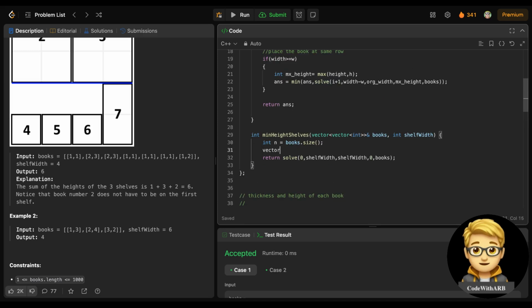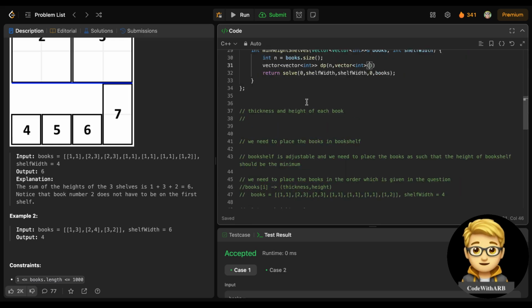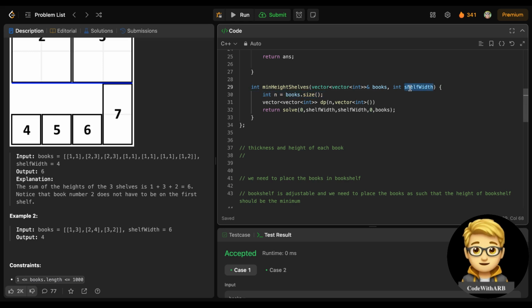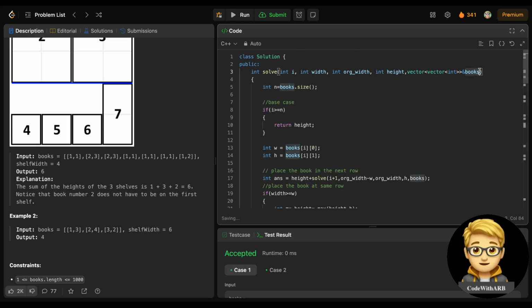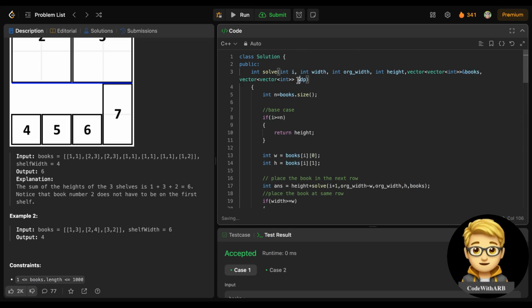So for memoization, you know what we will do. The changing parameters are two things: the ith and the shelf width. So we will take a DP where i is till n and the shelf width is from 0 to shelf width plus 1, initialized with minus 1, and we will just pass it along. This DP will be passed by reference.